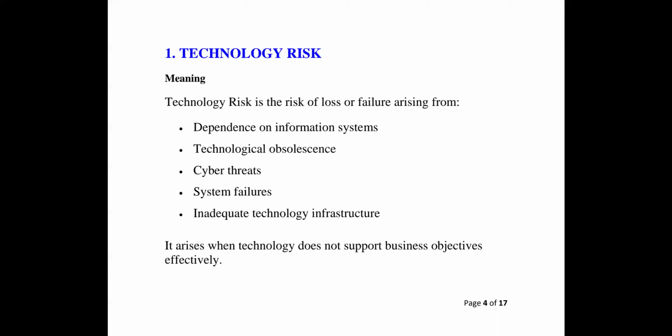Technology risk is the risk of loss or failure arising from dependence on information systems, technological obsolescence, cyber threats, system failures, and inadequate technology infrastructure. It arises when technology does not support business objectives effectively.